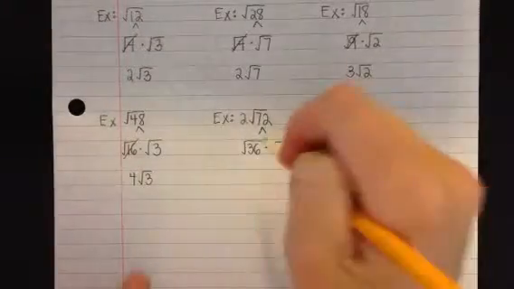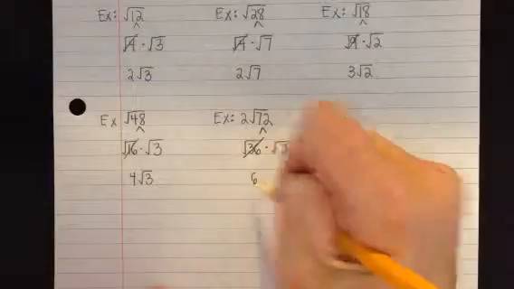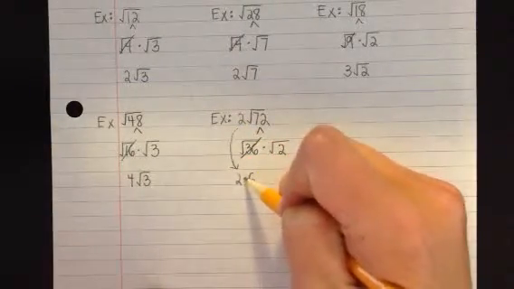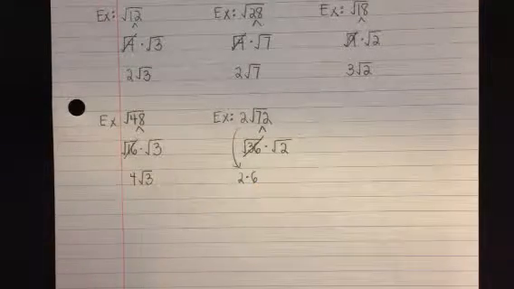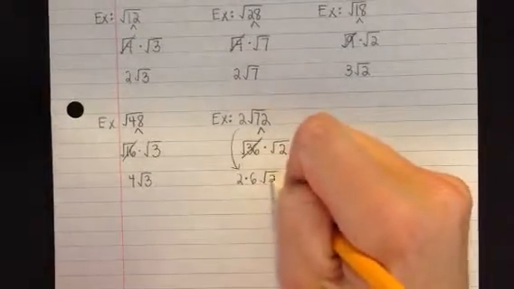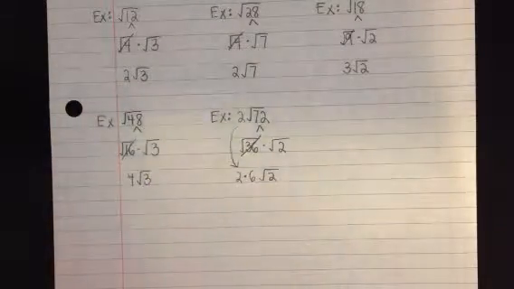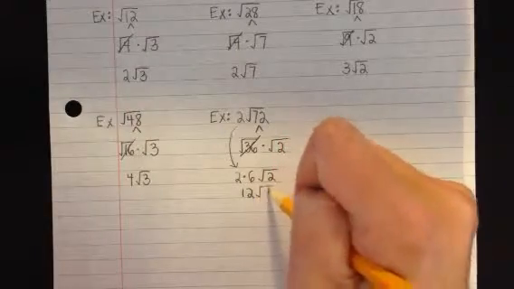Alright, so square root of 36 is 6, but you already had a 2 on the outside, so you've got to drag that down. So we had 2, that's times 6 square root of 2. So to simplify, that would be 12 square root of 2.